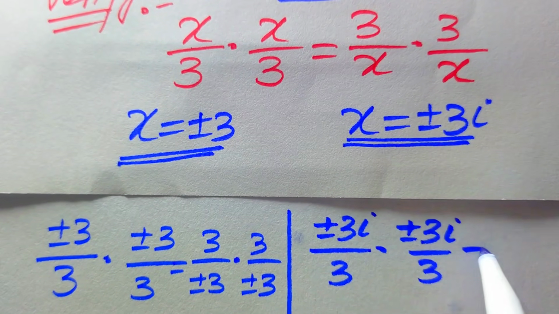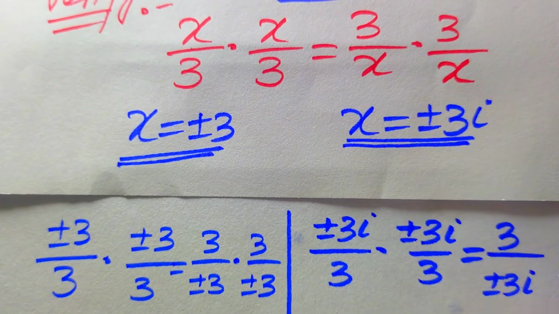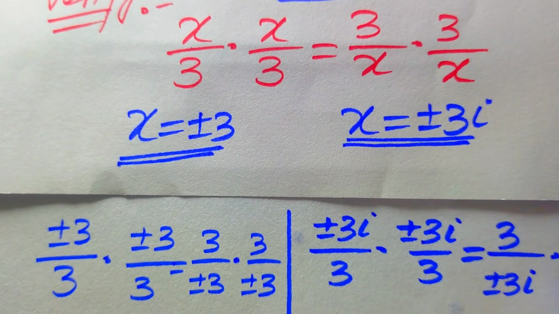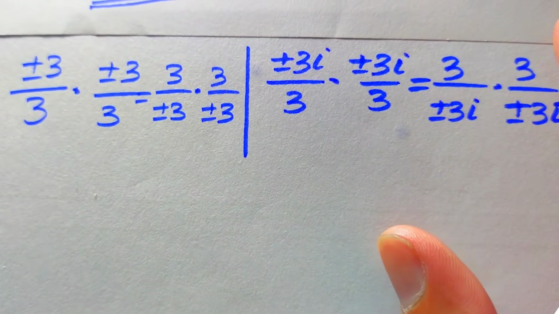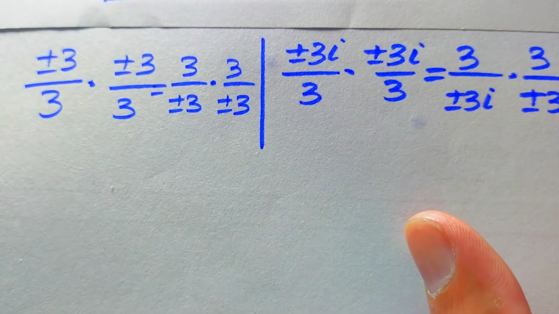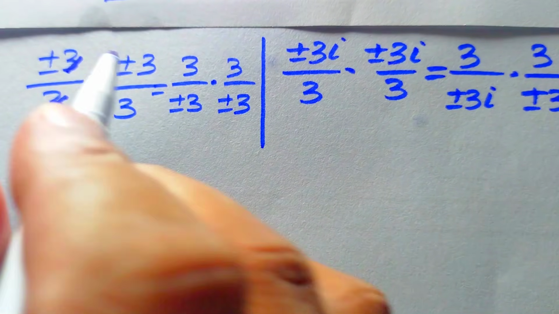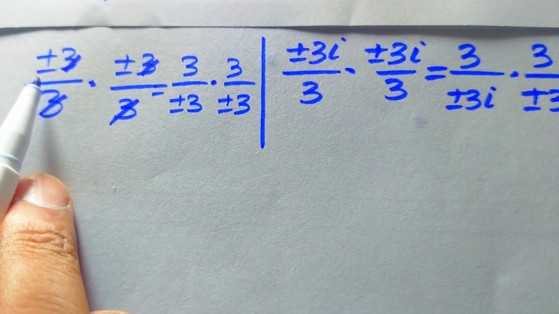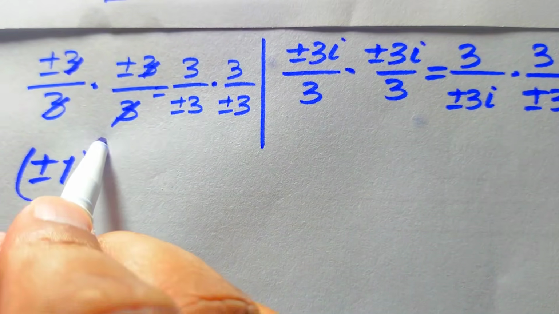After simplification, these 3s and these 3s are gone, and we get (plus or minus 1) times (plus or minus 1), which becomes (plus or minus 1) squared.